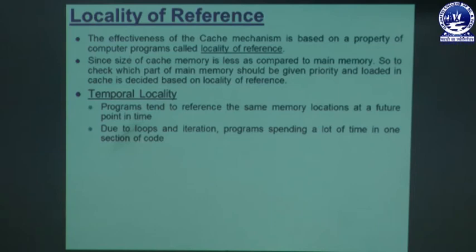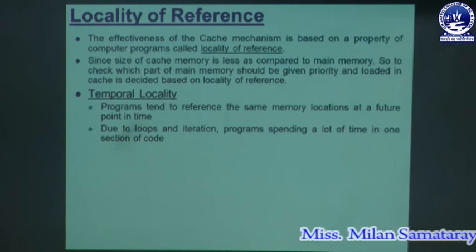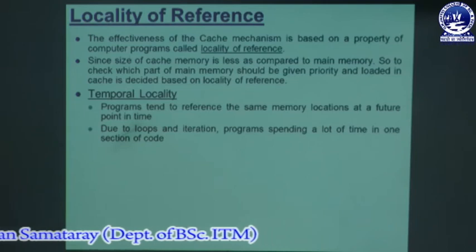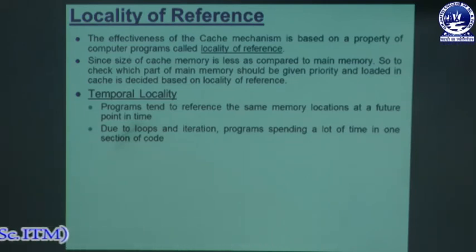In this type of locality of reference, programs tend to reference the same memory location at a future point of time, because in the concept of loops or iterations, programs spend a lot of time in one section of code. As you know, when the loop concept or conditional statements come, a single instruction can be executed multiple number of times.